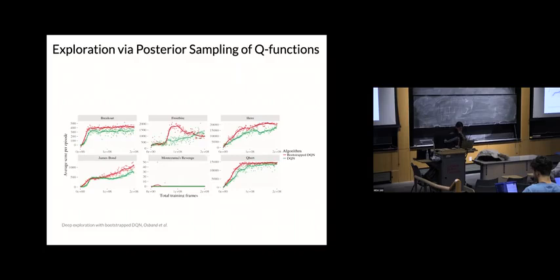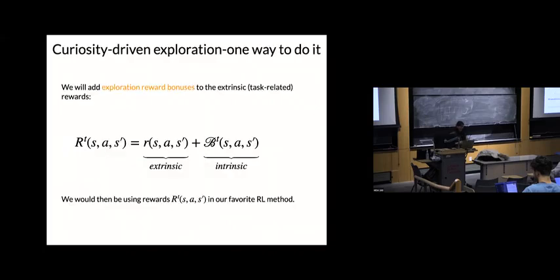Okay, let's move on then. So that was our first approach: let's use an ensemble of Q functions and take argmaxes from different models of the ensemble. Now we'll do what we said about modeling surprise from transitions. Here's what we're going to do.